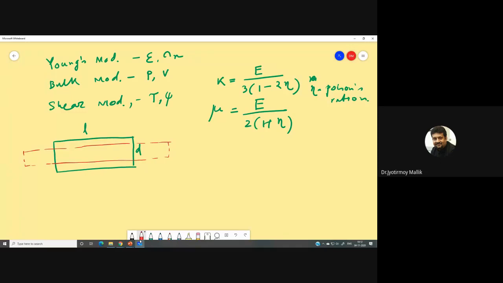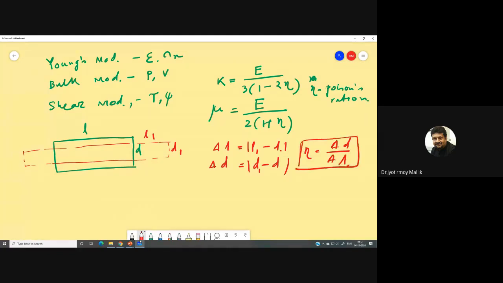Say the modified length is L1 and the modified width is D1. So delta L is equal to L1 minus L, and delta D is equal to D1 minus D. I can simply take a modulus as well, no problem. So Poisson's ratio is nothing but delta D by delta L. That is what Poisson's ratio is all about.